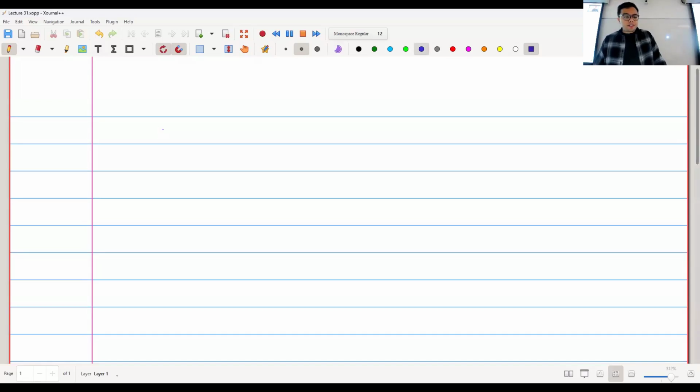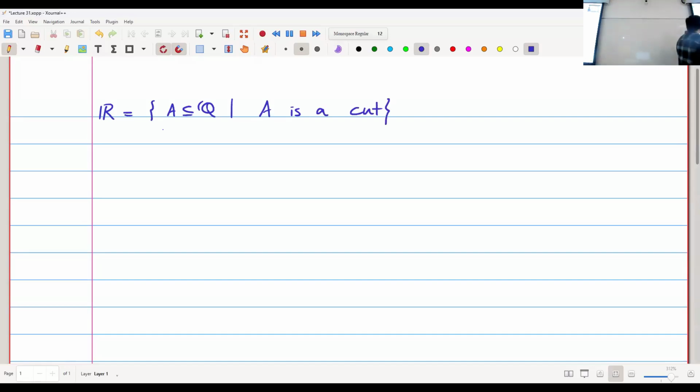We saw the set R of real numbers, and we define R basically as the set of all subsets of rational numbers that are cuts. We had this definition of a cut in the last session. But we also saw that for every real number in R, we can have a representation as an infinite decimal expansion.